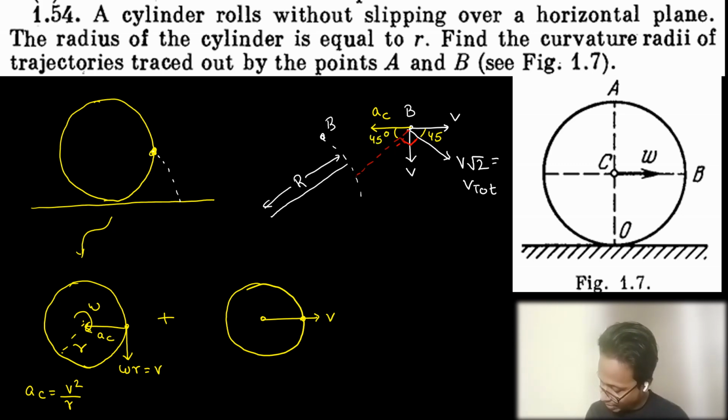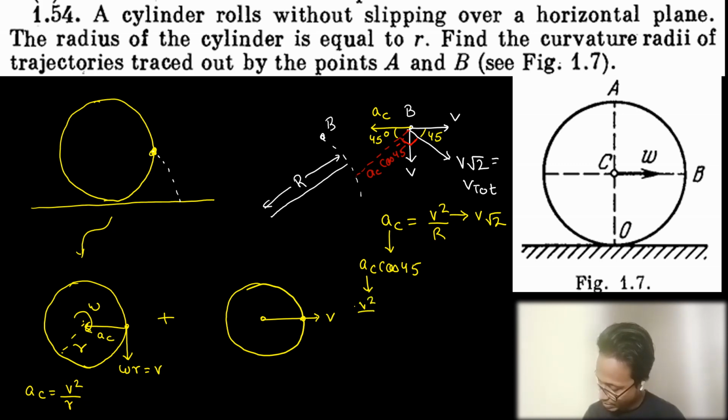So the total acceleration along this component equals AC cos 45. Now for finding the radius of curvature, we follow centripetal acceleration equals v square by r, where the centripetal acceleration perpendicular to the total velocity is AC cos 45, and the total velocity is v root 2. The magnitude of AC from this equation comes out to be v square by r.